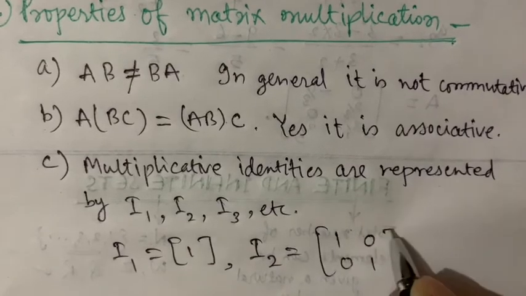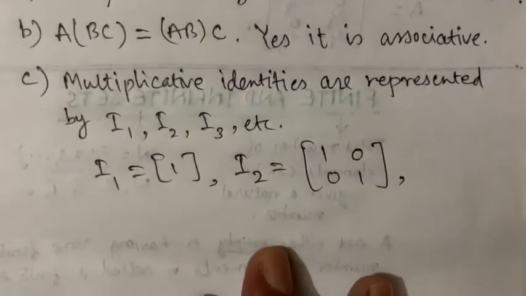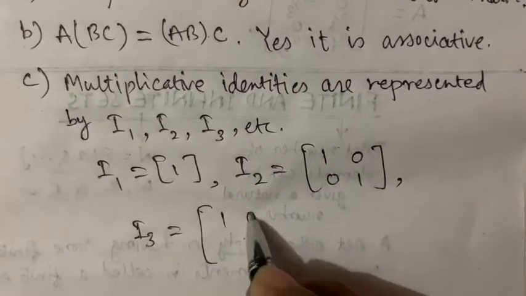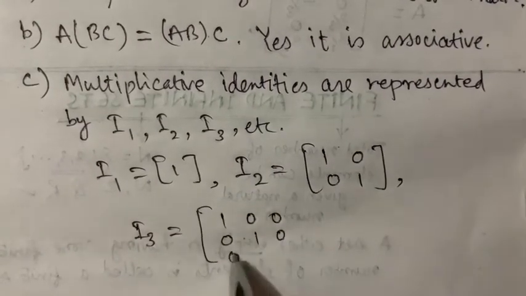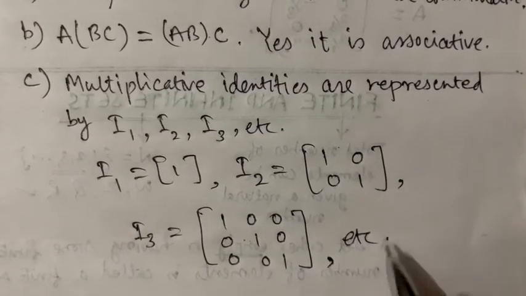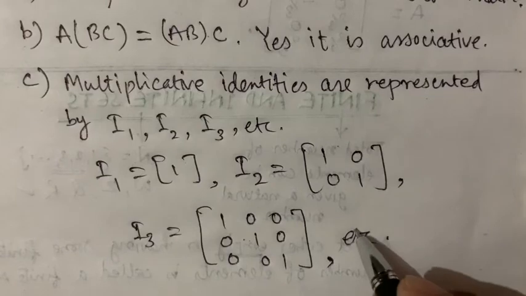I2 is this one, and then we have I3. I3 is represented by 1 0 0, 0 1 0, 0 0 1, etc. So we have seen this.